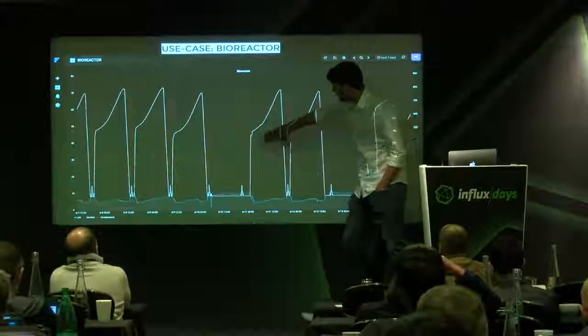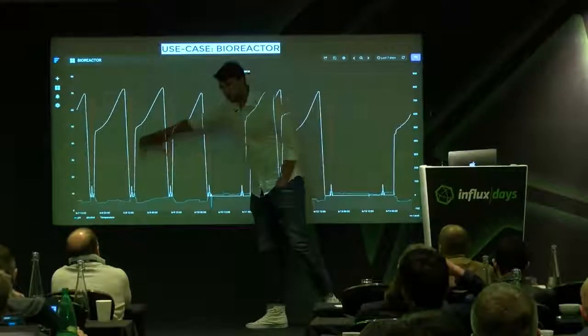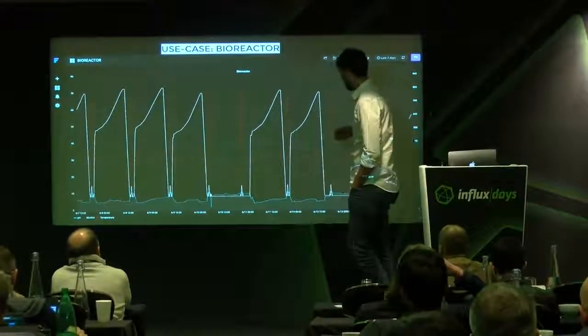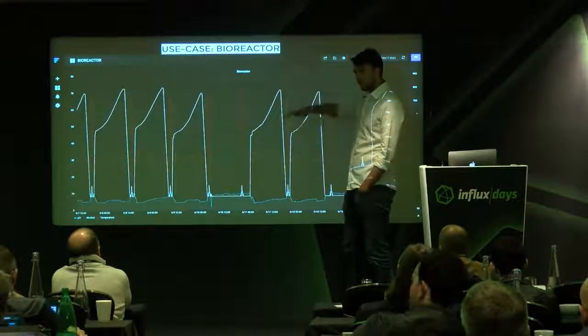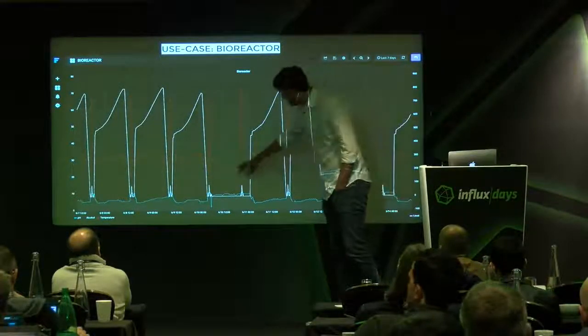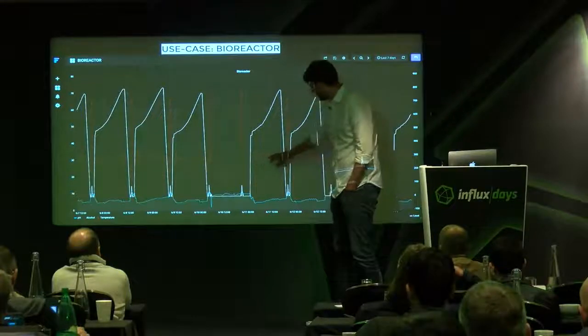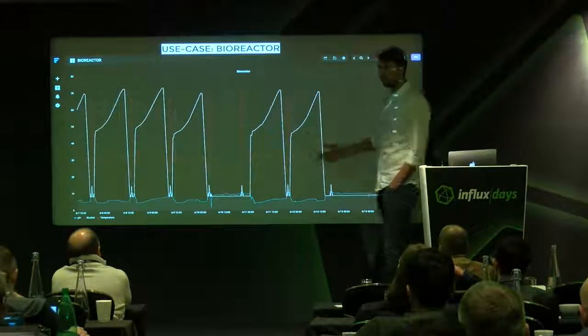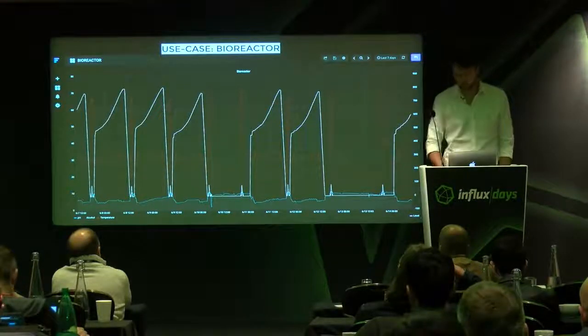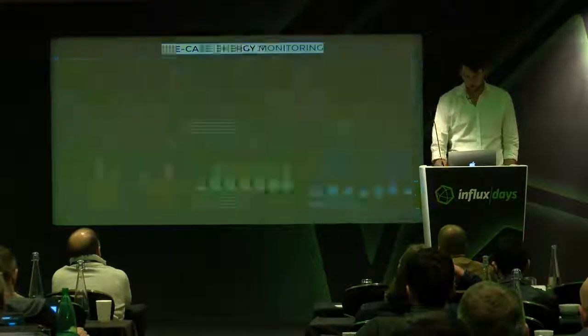You can see the individual batches being produced at a certain frequency in time. The white one is the fill level, so when the tank is filled for the reaction, and then the red one is the temperature. So it's being kept relatively constant, and after each batch it goes up for cleaning, so for sterilization. So that's one of the use cases.